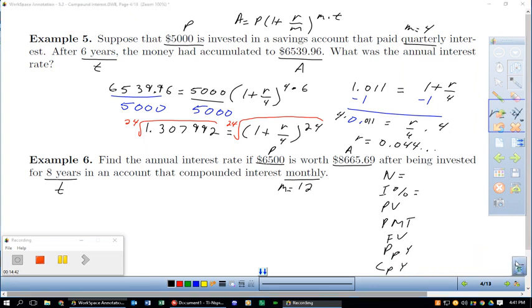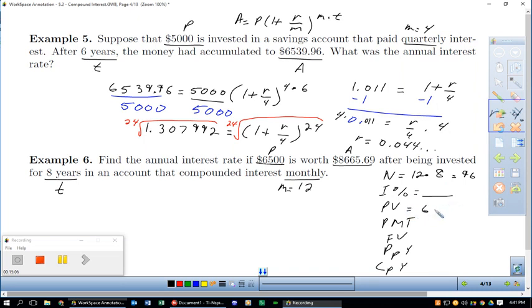All right, so we're going to plug in what we know. In our case, N is M times T, so that's 12 times 8, which in this case is 96. Well, it's always 96, but in this case, N is 96. Okay, so our interest rate, we do not know. We're going to leave that blank.